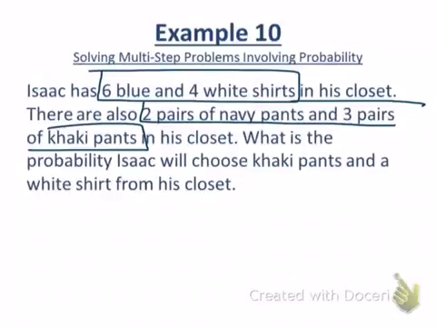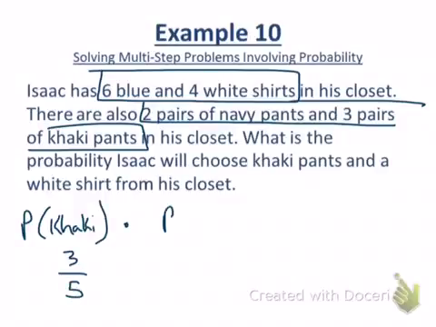What is the probability Isaac will choose khaki pants and a white shirt? Are these independent events? Yes, we're just going to calculate each. What's the probability that he draws khaki pants? 3 out of 5, times the probability of choosing a white shirt, 4 out of 10.